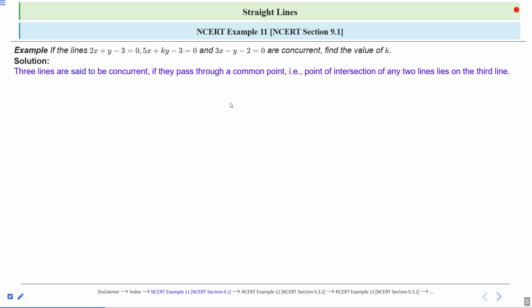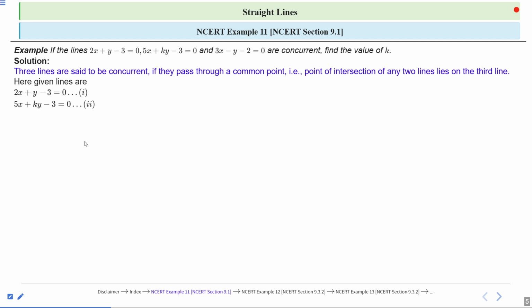So if we find the point of intersection of any two lines of the given three lines, then the point of intersection of these two lines will lie on the third line. So concurrent means this. Here the given lines are 2x plus y minus 3 equal to 0, naming this equation number 1.